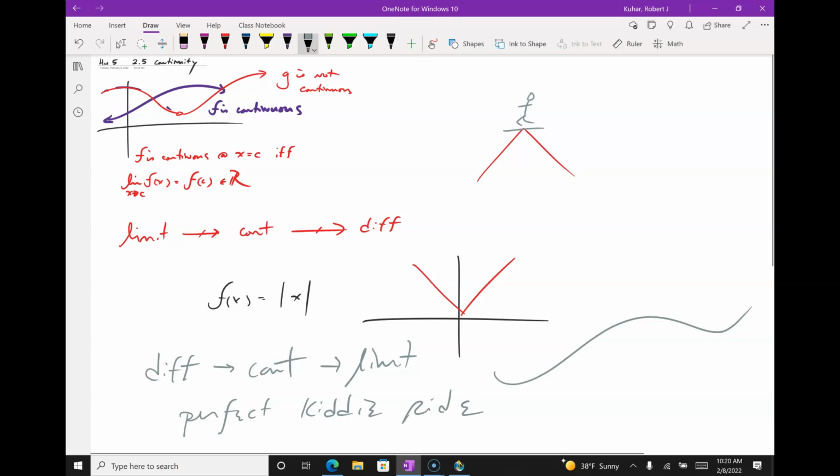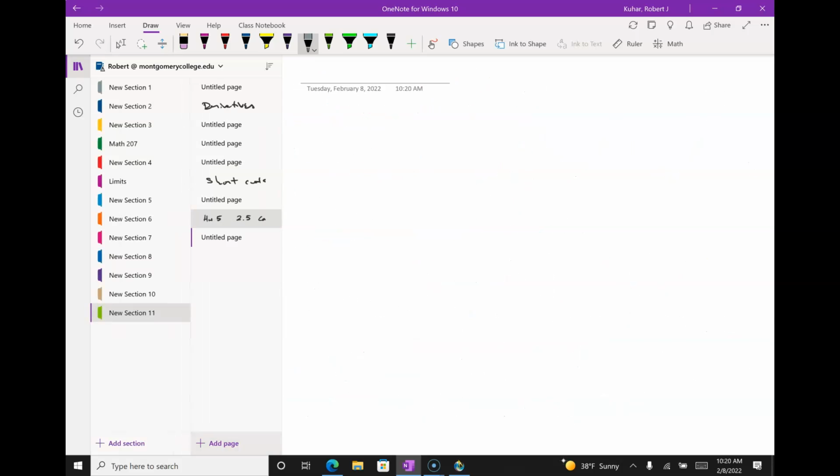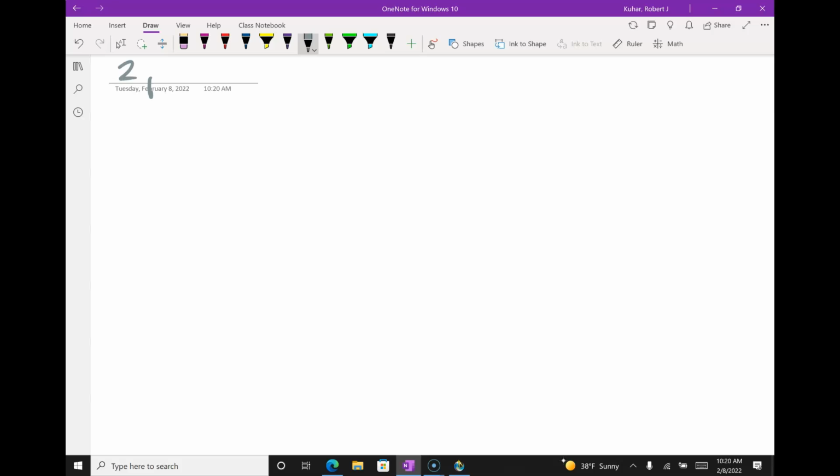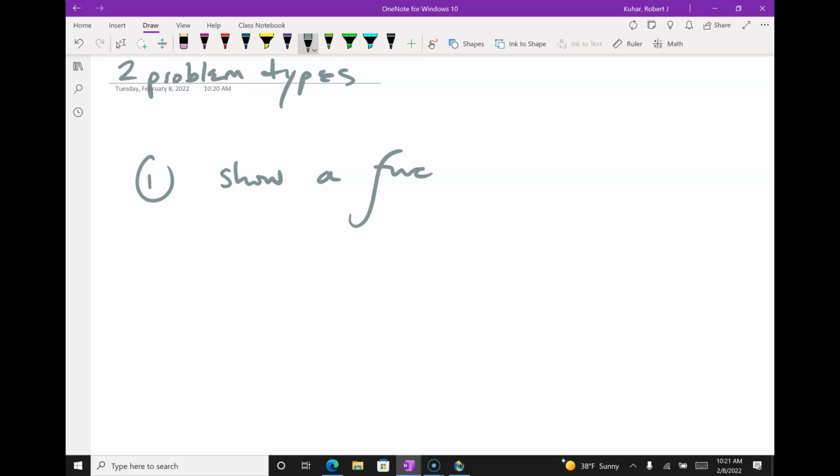This is the main thing we're taking out of this whole thing I'm talking about. Just want to talk about how do I show something is continuous or not? And then how can I make things continuous? Those are our two problems. So one, show a function is continuous or not.